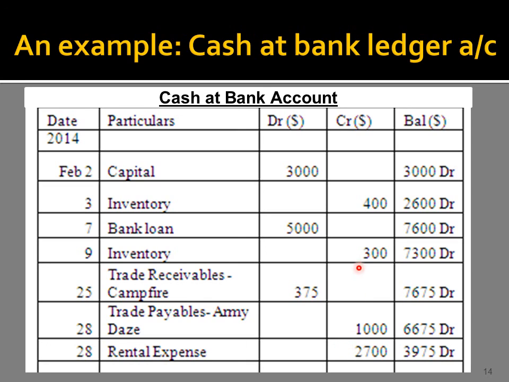The reasons for the decrease in the cash at bank account during February can be found out when we refer to the particulars section of the cash at bank account. Finally, we can see that the balance in the cash at bank account is $3,975 on February 28.